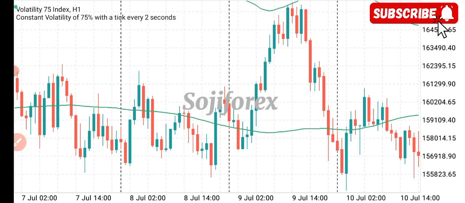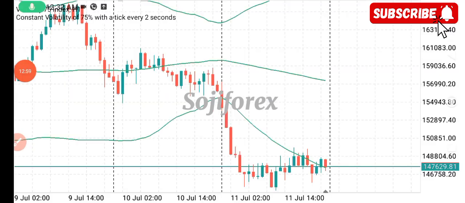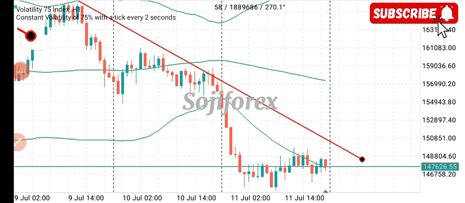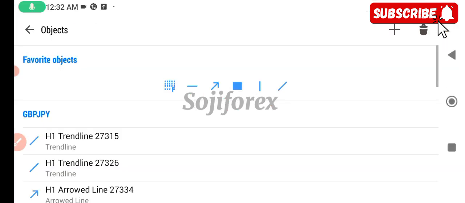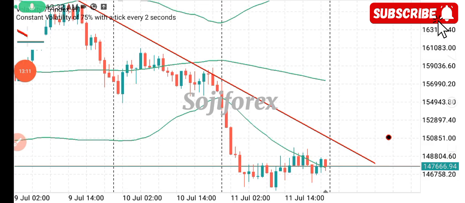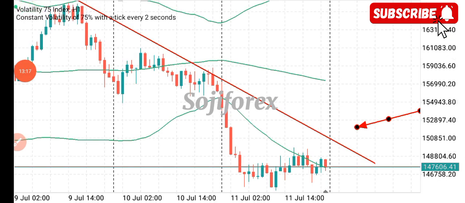This is volatility 75, and as you can see, the price is very much bearish. Alright, so this is what I will do now. In this particular scenario, I will pick up my trend line and I have my zone marked out.